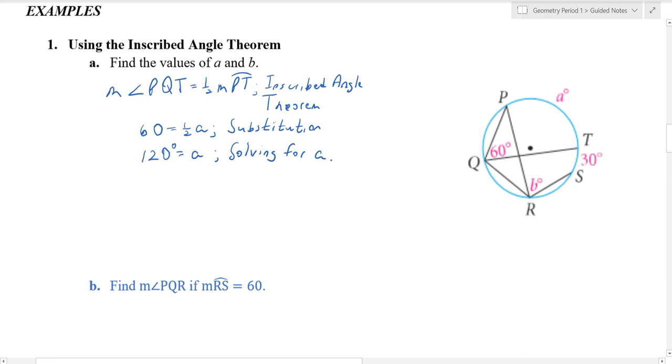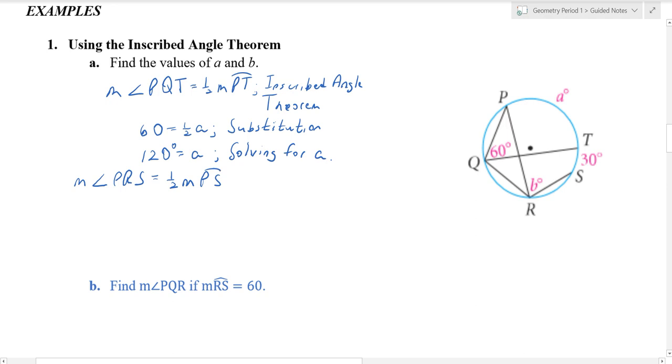For B, we also use the inscribed angle theorem, but we go by stating that the measure of angle PRS equals 1/2 the measure of arc PS.